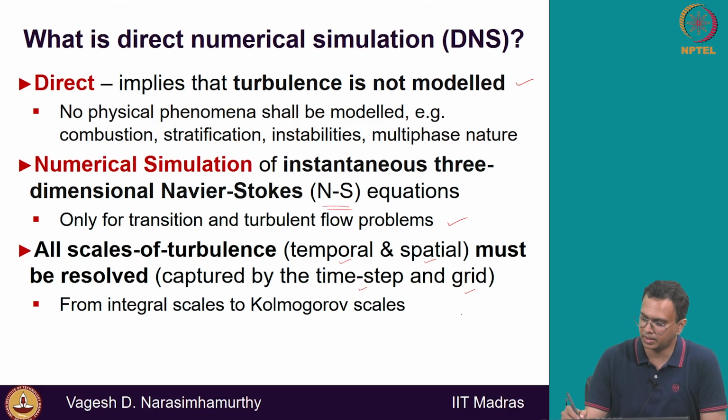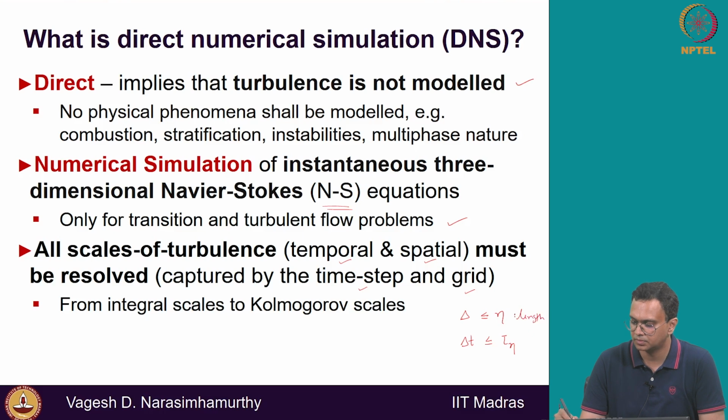So your grid, that is delta x, y, z, must be smaller than or equal to the Kolmogorov length scale, or of the same order of magnitude in some cases, and your time step delta t equal to tau eta, the Kolmogorov time scale, and this is the Kolmogorov length scale, right?